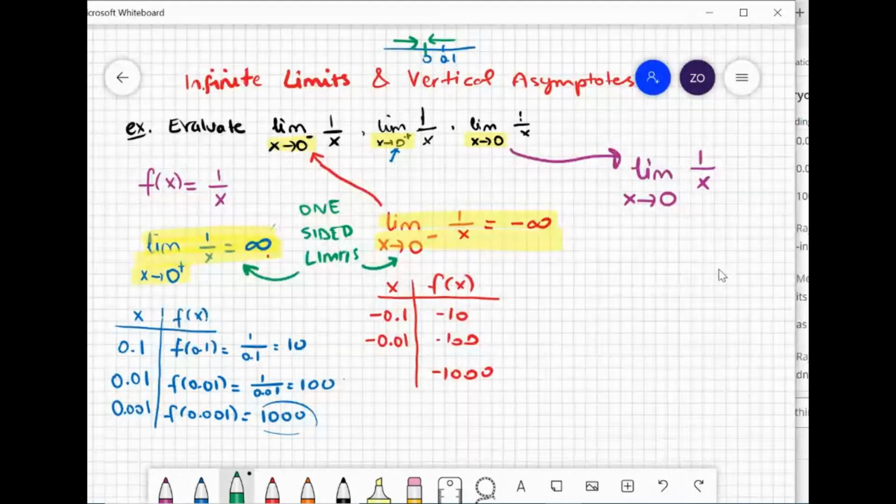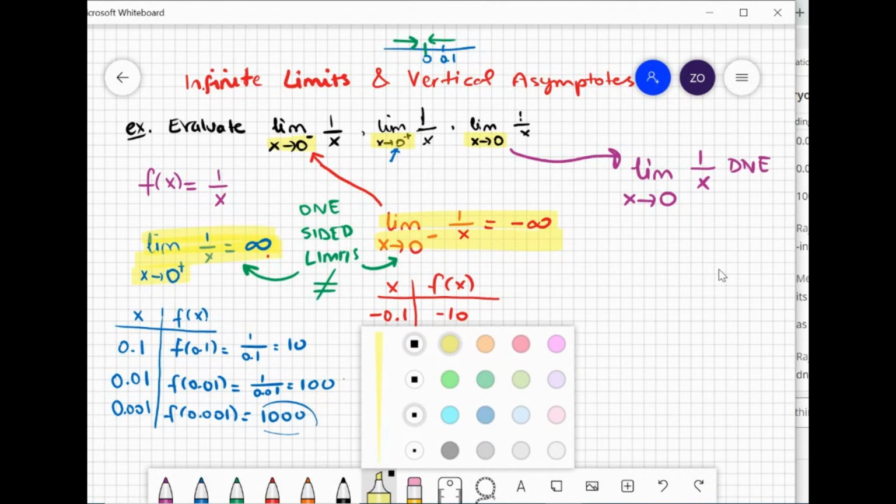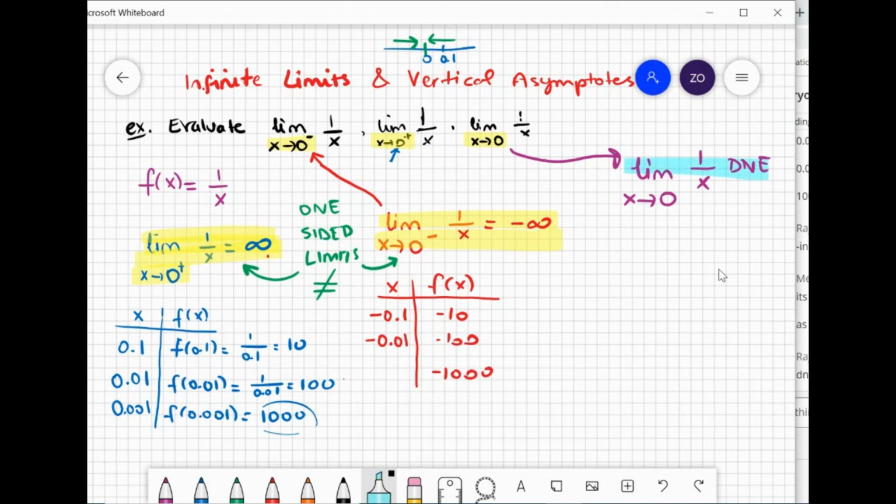However, since these are not equal, whenever the two limits are not equal, we say that this limit does not exist. We cannot talk about the limit of this function, okay? Any questions?